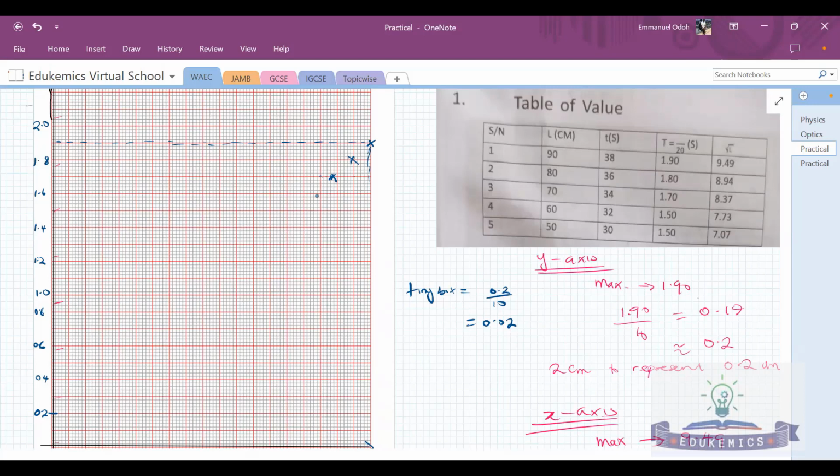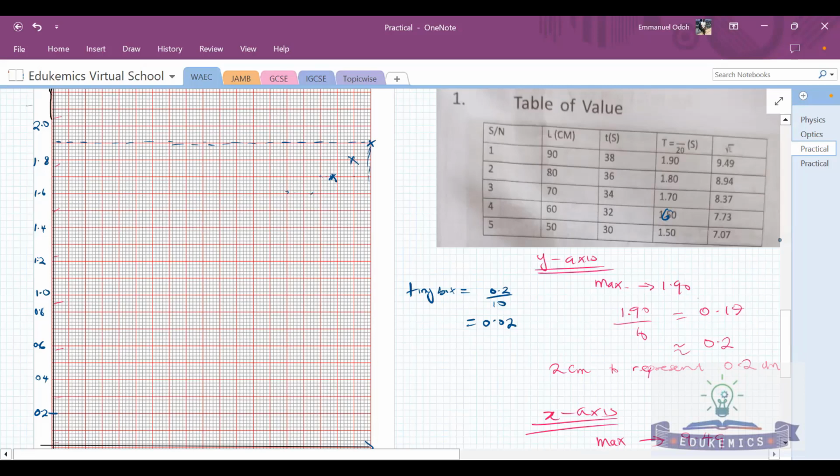1.6 and 7.73. This is 1.6. Take note. 1.6 is 7.73. This is 8, this is 7. 7.1, 7.2, 7.5, 7.6, 7.7.